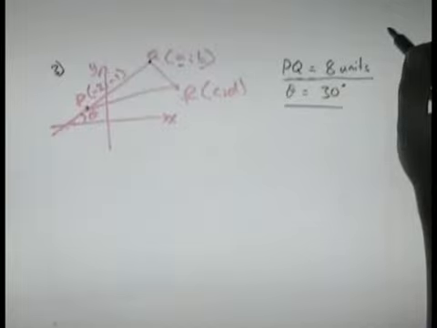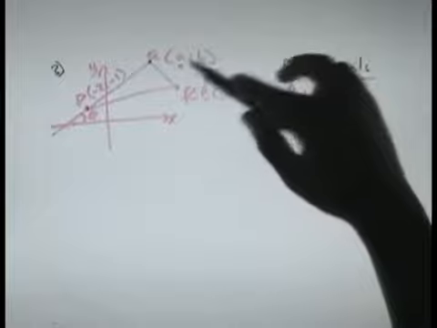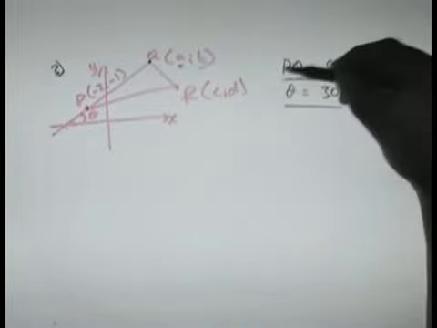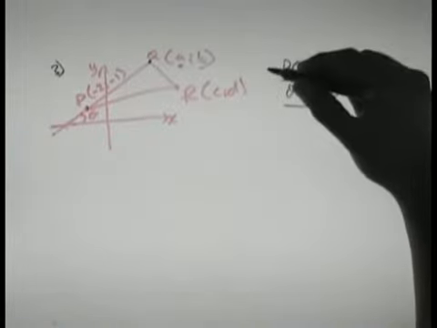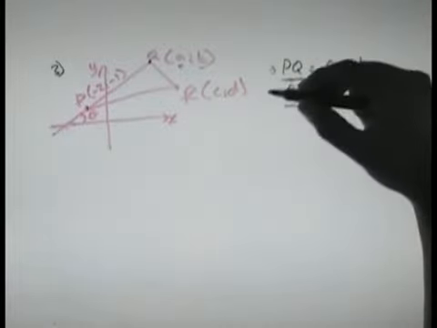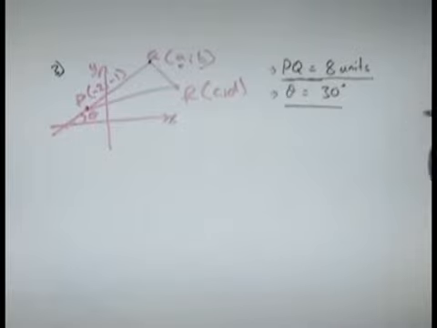Unfortunately, I'm going to have to do simultaneous equations because I'm going to get two variables. What is going to give me my simultaneous equations? First bit of information, PQ is equal to 8 units, and second bit of information, theta is 30 degrees.